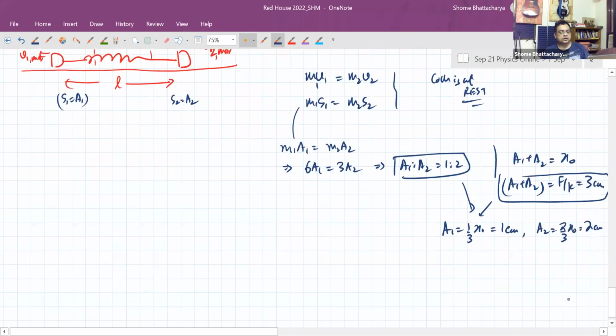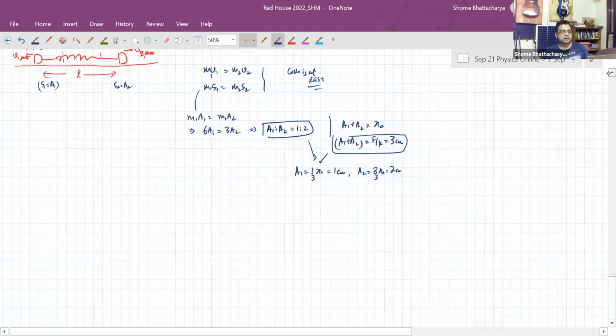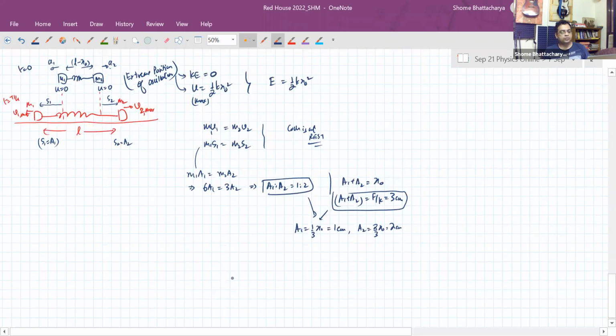That is done. Now you can also understand one thing very nicely, that to calculate omega you can avoid all that, and you can just understand that this V1 max will be equal to A1 omega, and V2 max is equal to A2 omega.